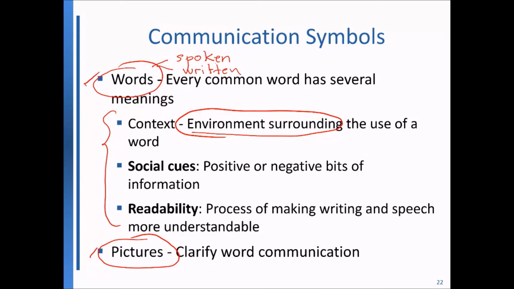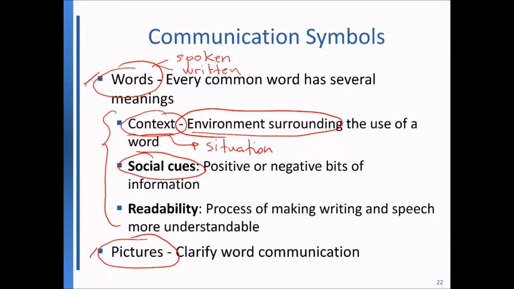First, the context. When are we going to use the words? Situation. Context means situation. Sometimes a word's meaning can change depending on the situation, depending on the environment. That's why we call that context. Another thing is social cues.